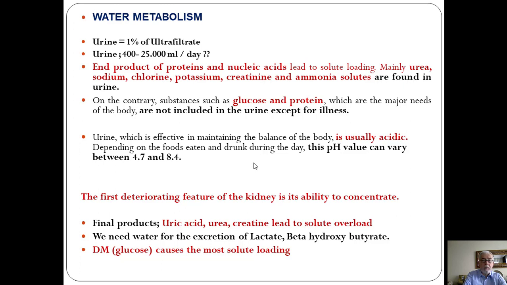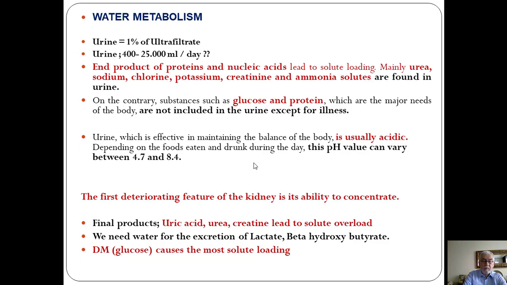Urine, which is effective in maintaining the balance of the body, is usually acidic, but of course it depends on the food eaten and drunk during the day. The pH value can vary between 4.7 and 8.4, and it also depends on different factors. We know that very well.